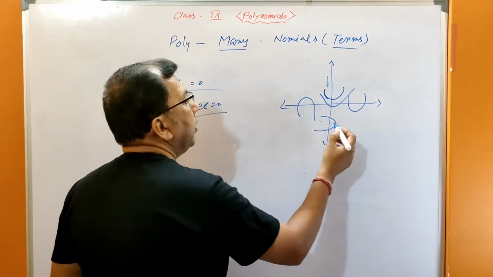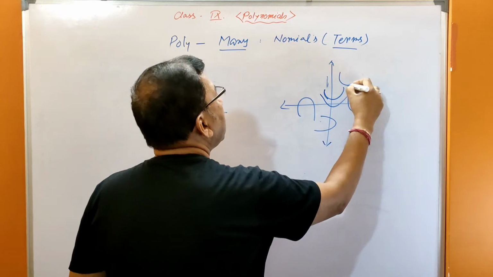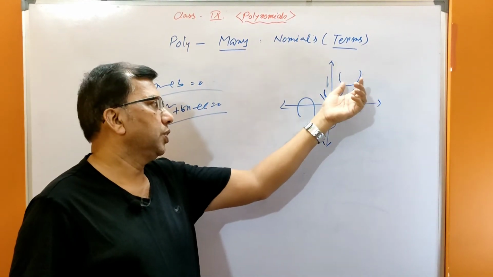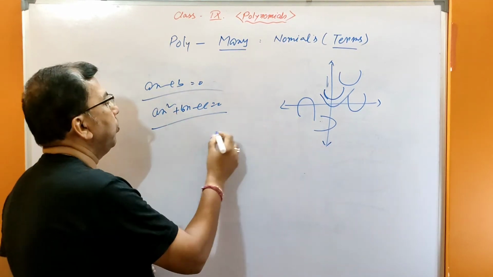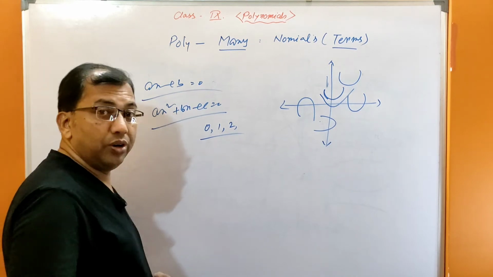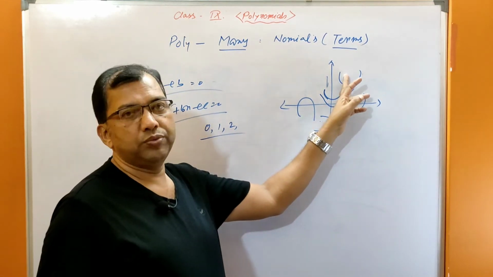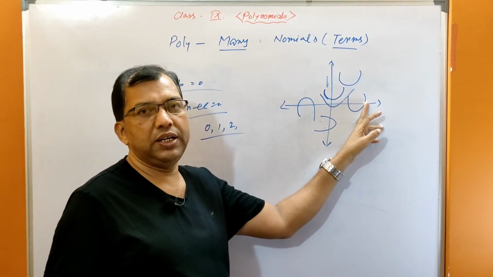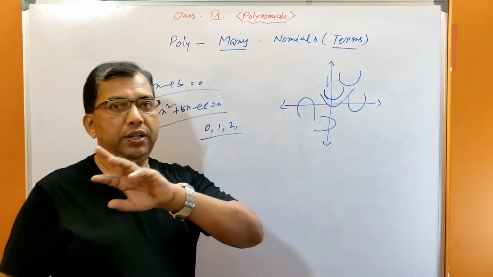Okay, but it may not cut it at all. So the number of points can be 0, 1, or 2. I have told you earlier, in case of power 2, the maximum is that it cuts at 2 points. Clear?